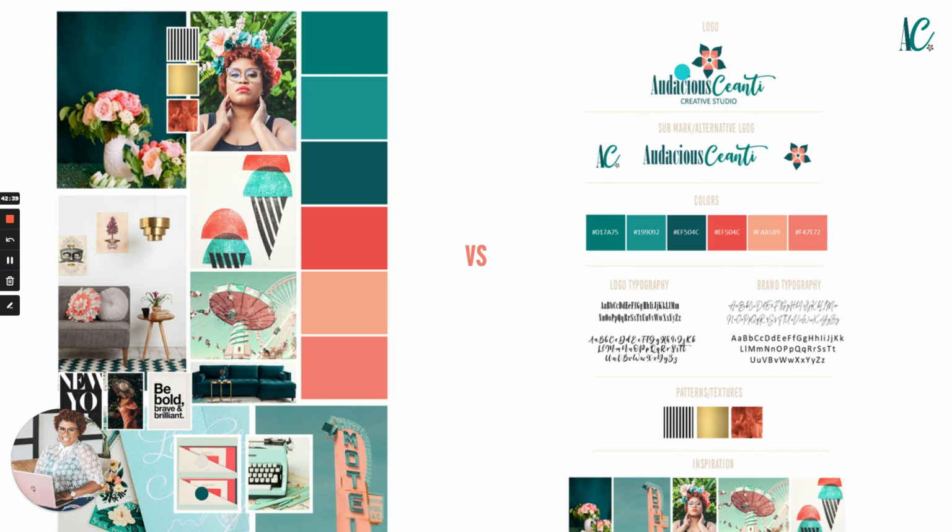The logo typography is the fonts that I actually use in my logo, but I wouldn't use them throughout my website and on all my graphics, because they're super decorative, so they wouldn't be super easy to read. But I have a simpler font and then another script font.